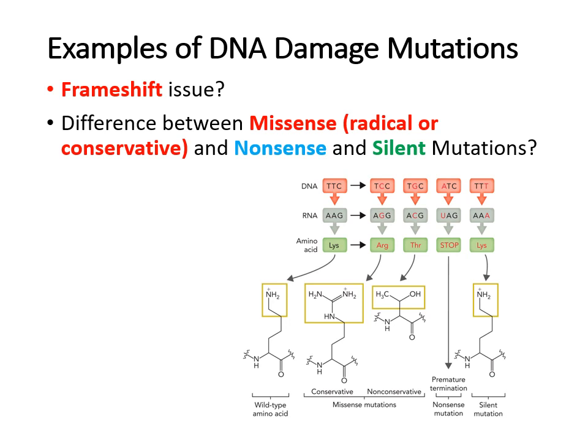Now, when we talk about mutations, some of the examples I want you to know are missense, nonsense, and silent mutations. A missense mutation is a single point mutation, a single base mutation in which one letter has been changed.